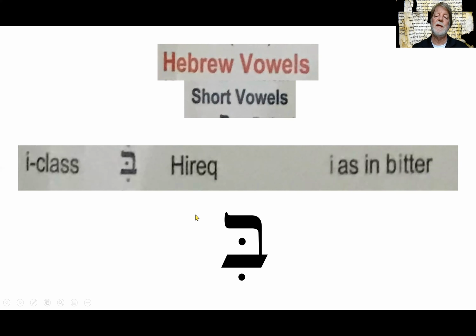Even in pronouncing this, I'm not pronouncing it so much like an I as I am like a long E. The way you pronounce the word bitter in Hebrew is biter. So the name of the vowel should probably be pronounced hirek. So this is almost a long E sound.